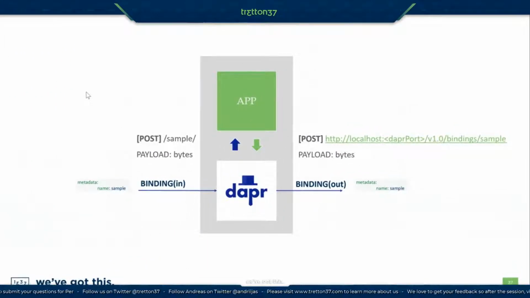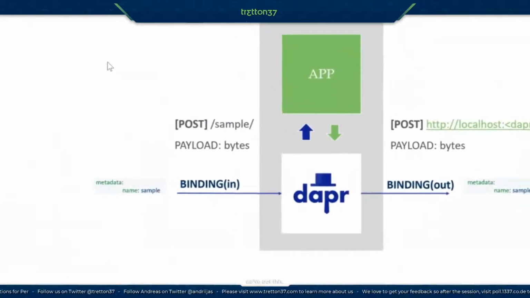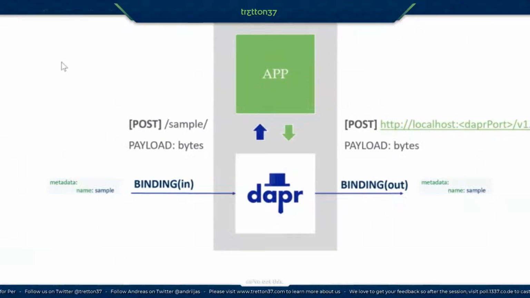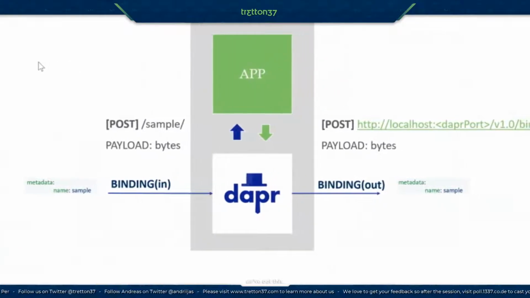In this case here, we are now talking about the binding components. So I have a component that has a metadata name sample. That is an input binding. Then Dapr is going to receive some form of trigger by the binding that is going to invoke an endpoint in our application that is named sample.